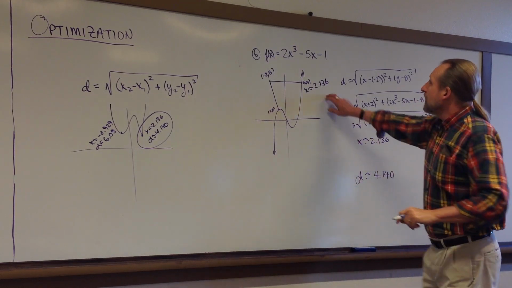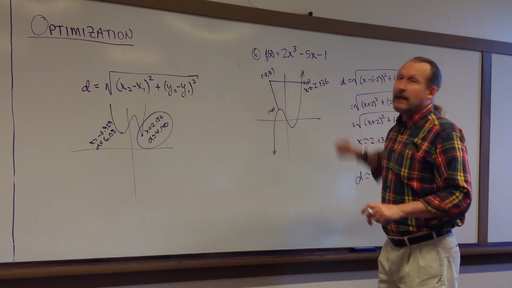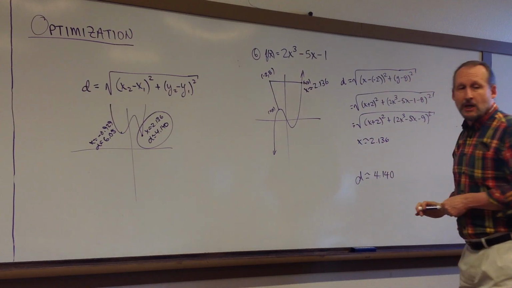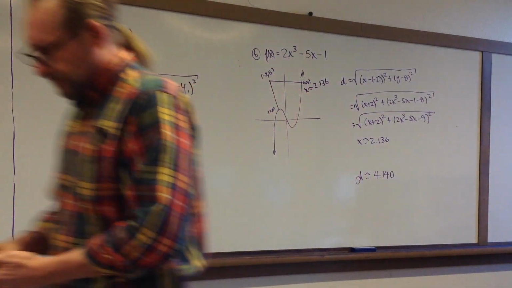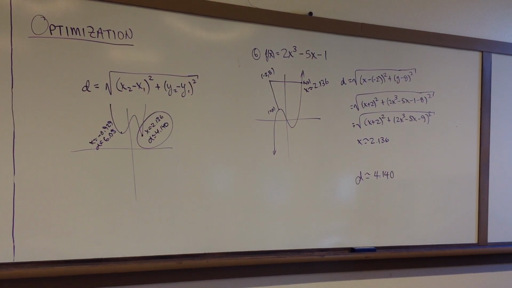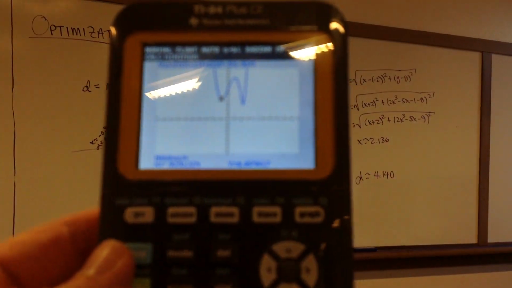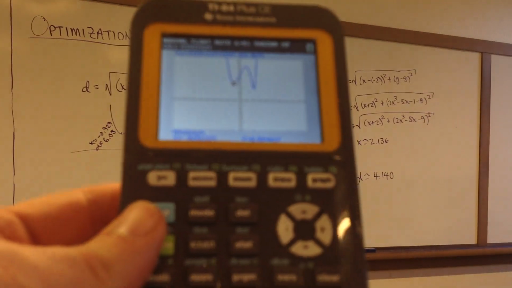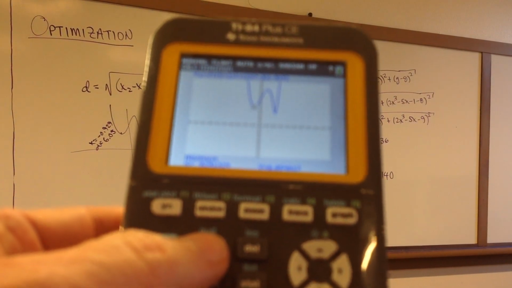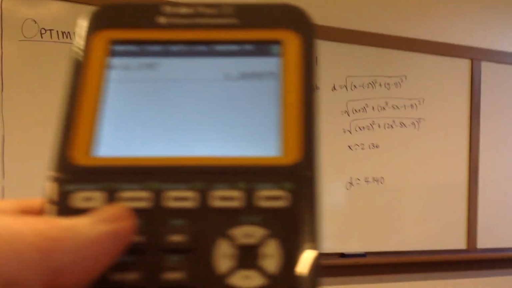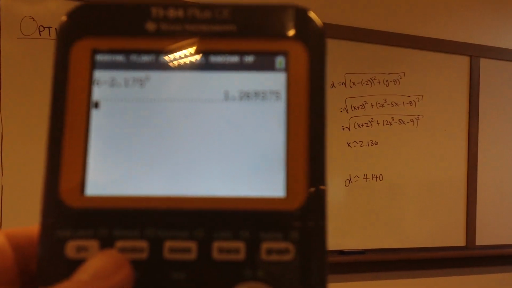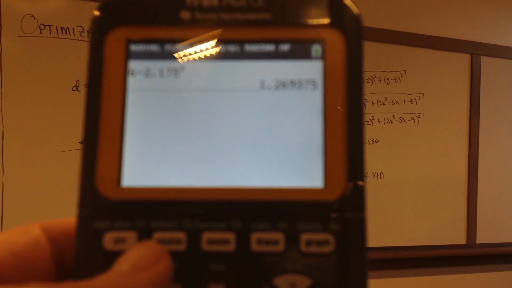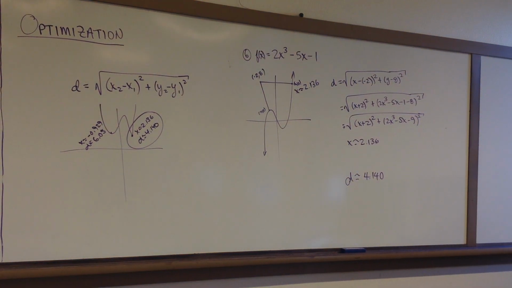And now we need to calculate this based on x equals 2.136. So let me just show you a little trick for how to do that. First, to come back to the calculation screen, you hit second mode, which will quit you out of the graphing.